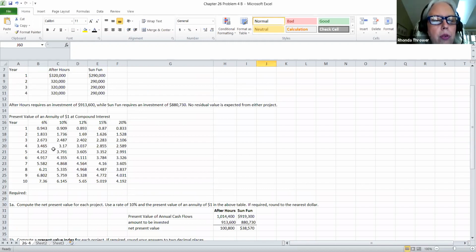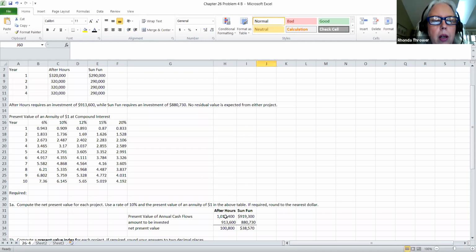I'm going to go over to 10%, and you can see that there's a table value factor here of 3.17. I simply multiply 3.17 times the annual equal cash flow for After Hours, which is $320,000.